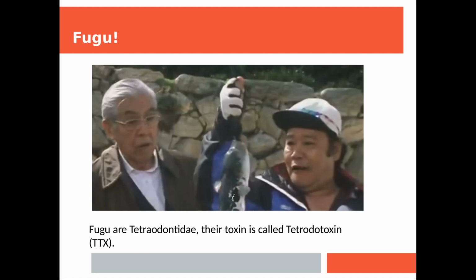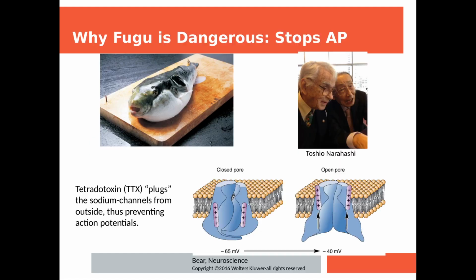And TTX is very poisonous because it blocks sodium channels from the outside. It stops sodium from moving, which stops neurons from having action potentials. So basically your brain stays in its resting potential all the time. It stops talking to each other. And that causes you to die.